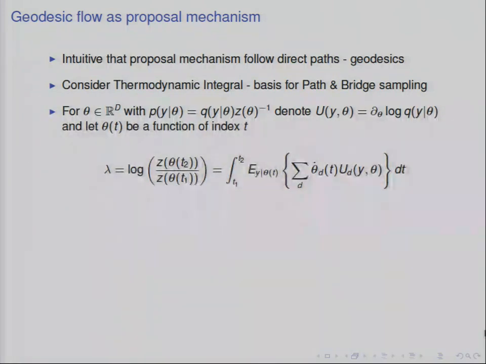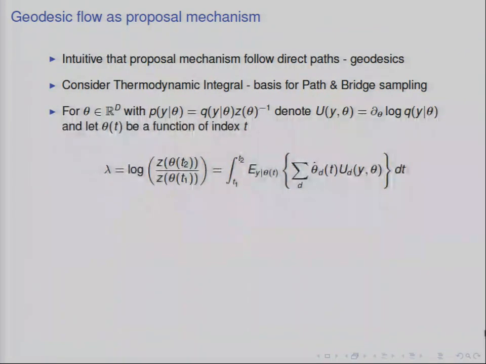But what it says is that if I have a point here, and a point here, these points being distributions, then the logarithm of the normalizing constant of the distribution at the second point over the normalizing constant at the first point is equal to this thing here. Now what on earth is this thing here? Well, again, it's fairly simple. Let's just look at it.